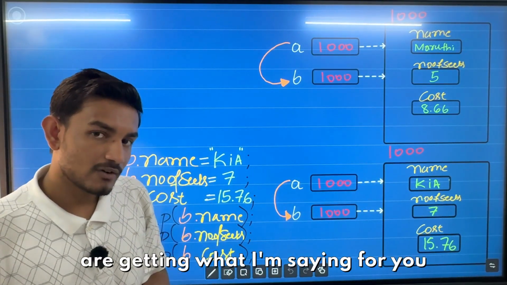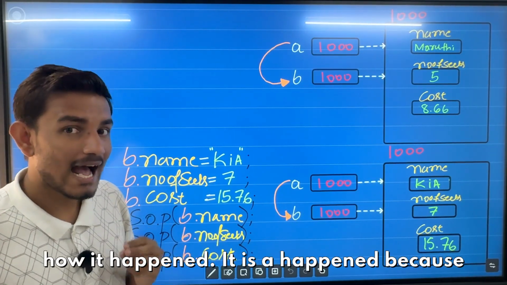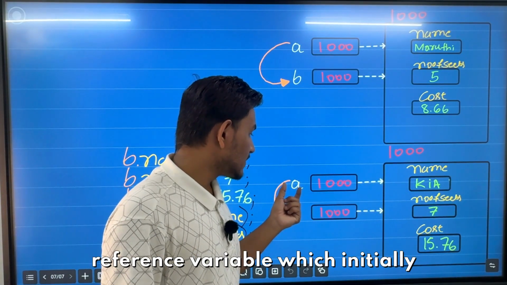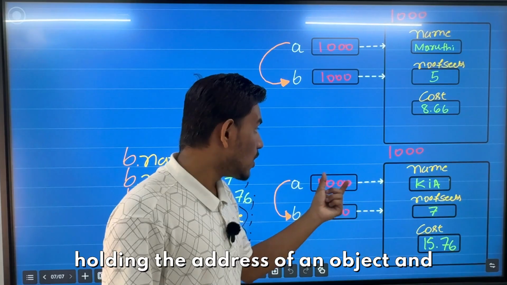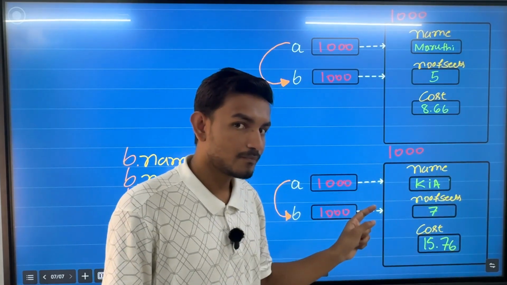Are people getting what I'm saying, guys? Please try to understand how it happened. It happened because you created one reference variable which initially held the address of an object and pointed to my entire object.